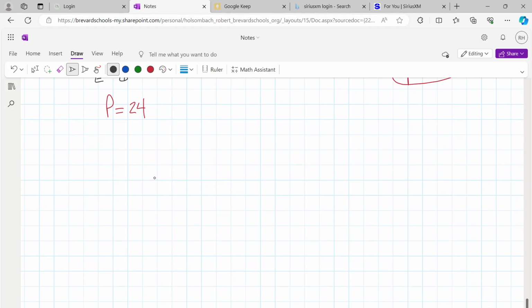And it's going to be on page 473. Five and 6. 20, 21. 23 and 24.